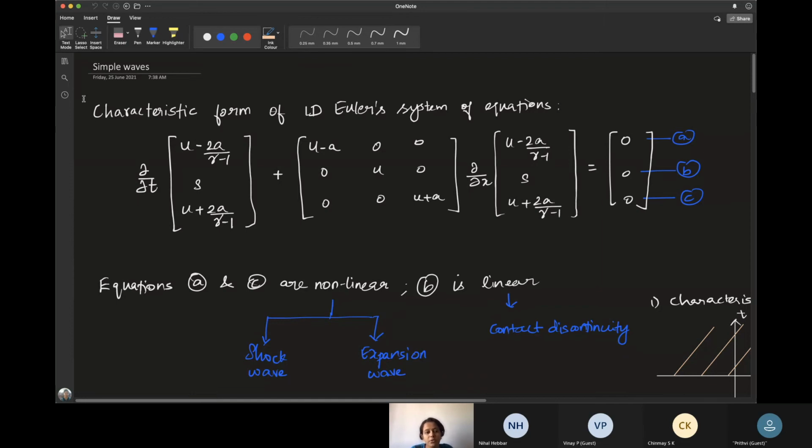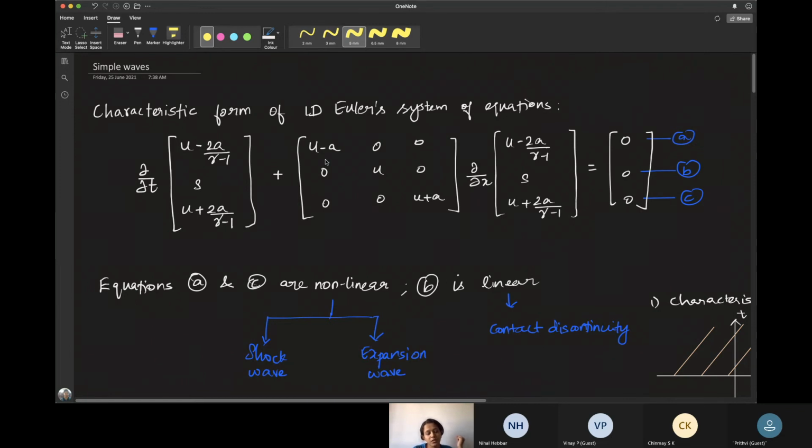The example for it was the 1D Euler's system. So we had the 1D Euler's equations in conservative form. We transformed it to characteristic form, and I have written the characteristic form over here. We have seen this last time. These are the characteristic variables: u minus 2a by gamma minus 1, s, and u plus 2a by gamma minus 1.